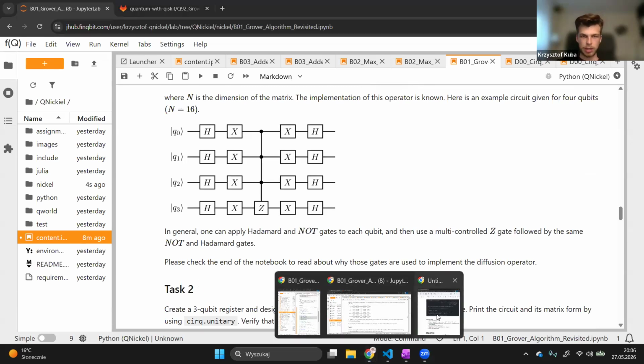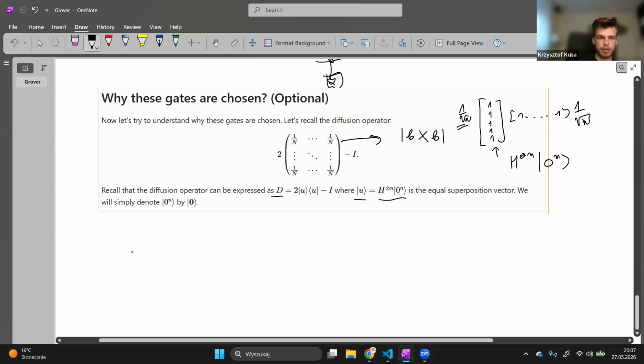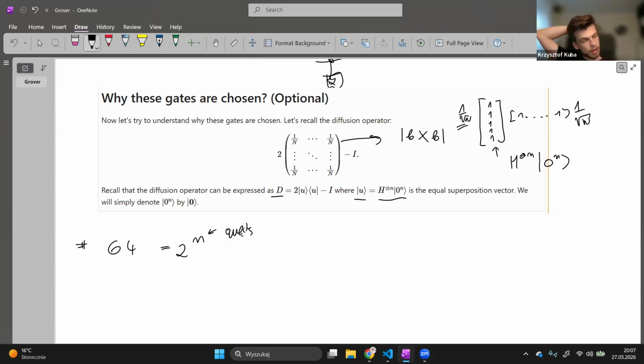What you will also need for today's assignment is how many qubits we need for a given number of search elements. So if there are, let's say, 84 elements in our database, we would need 2 to the n states, where n is the number of qubits. Why is that?